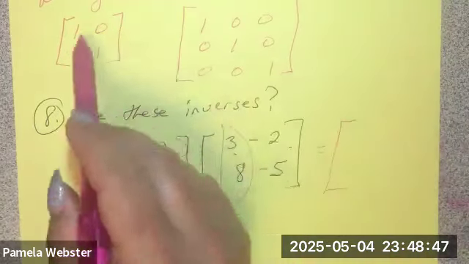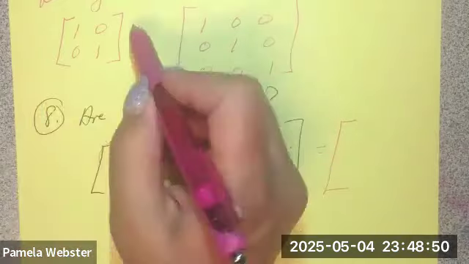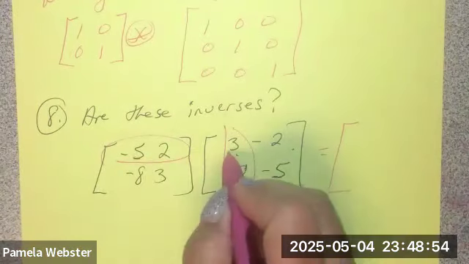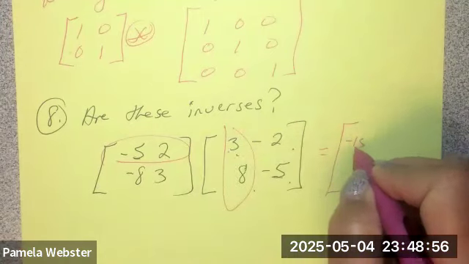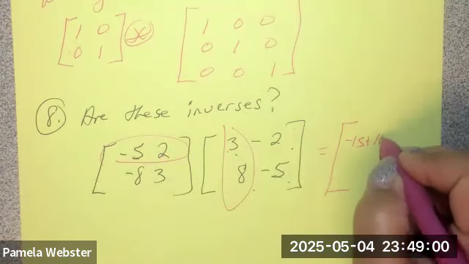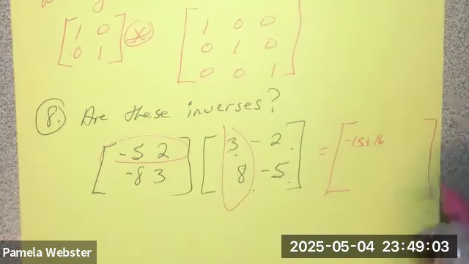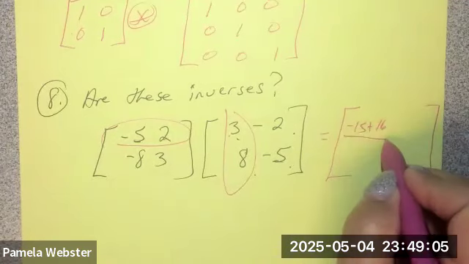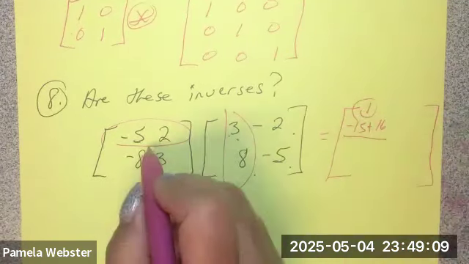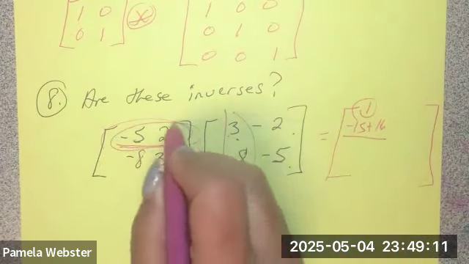Because they're 2 by 2s, if we get the identity matrix, then they are indeed inverses. So -5 times 3 is -15 plus 8 times 2 is 16. If this isn't a 1, which it is, then I can stop because that means it's not working. But we're going to keep going.